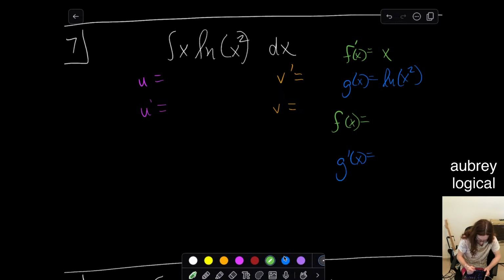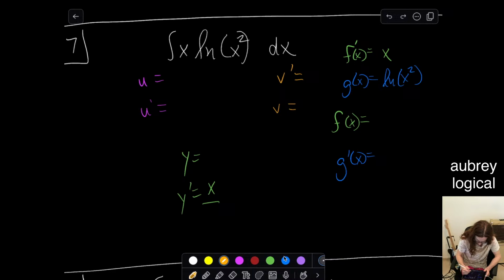So we have the derivative is equal to x. So y prime is equal to x. So y, this is going to be what this was before. So that means we're going to get its antiderivative, which means we're going to add 1 here and then divide by that number.